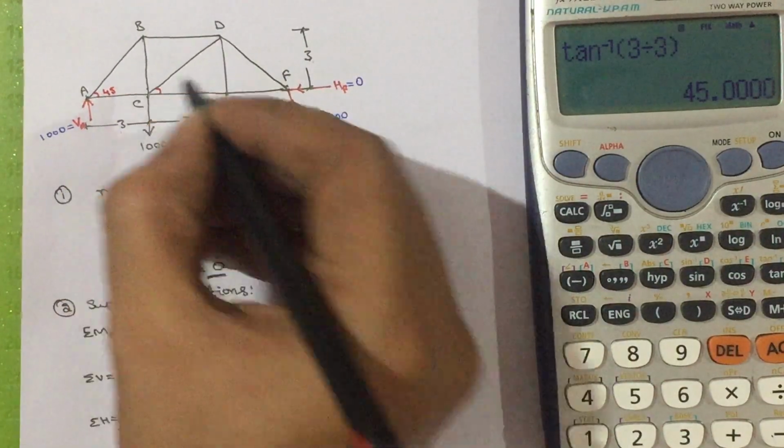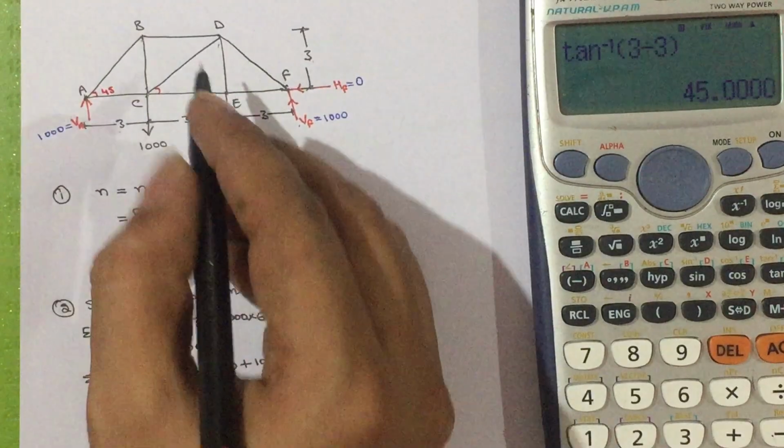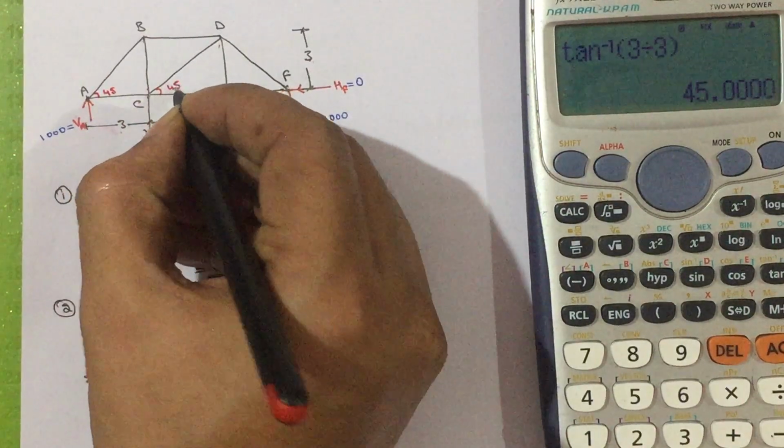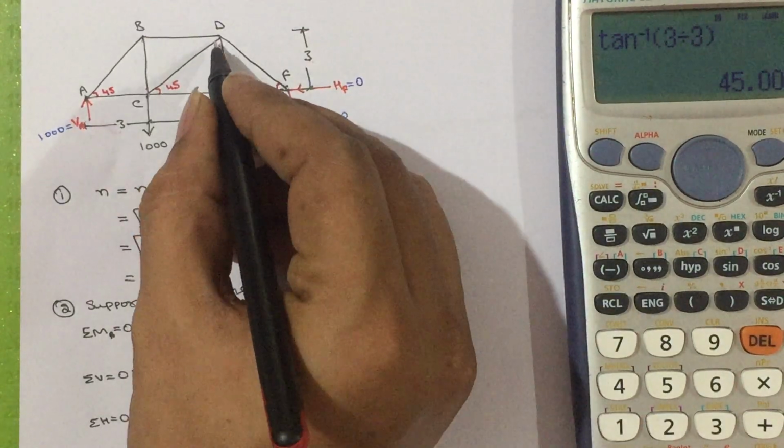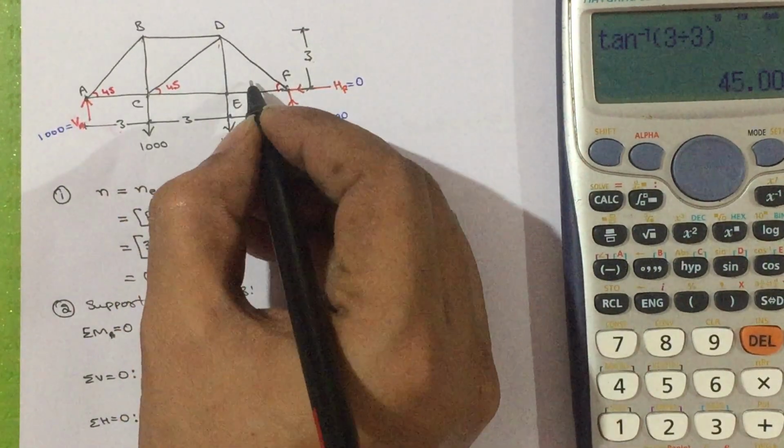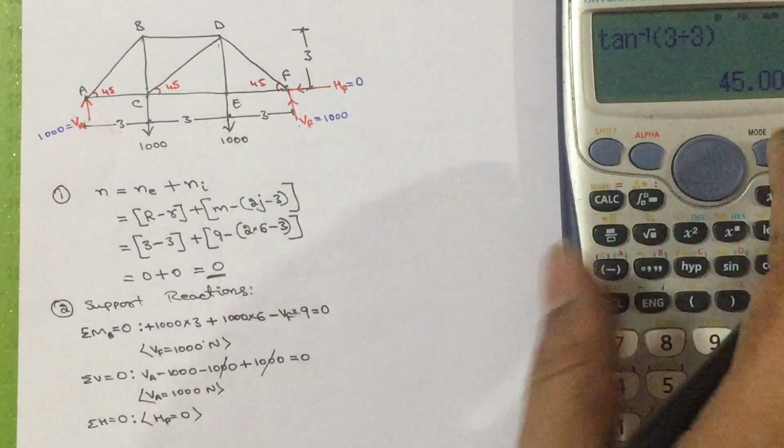Then if we come here, it is also 3, 3, you are going to get it as 45. Then this side, it is also 3, it is also 3. So, you are going to get it as 45.